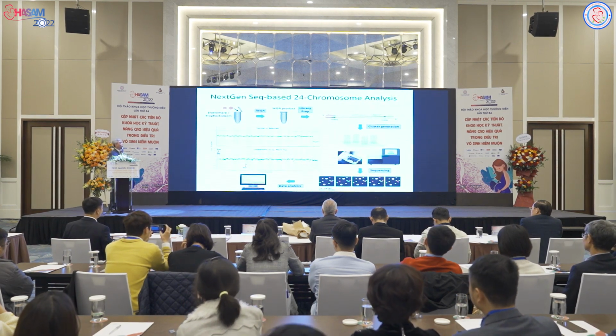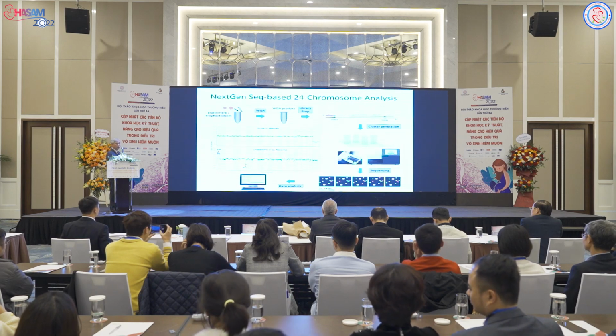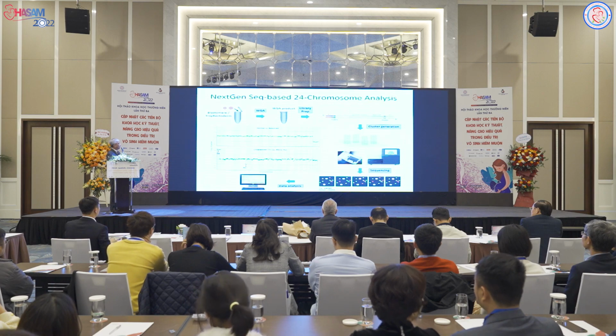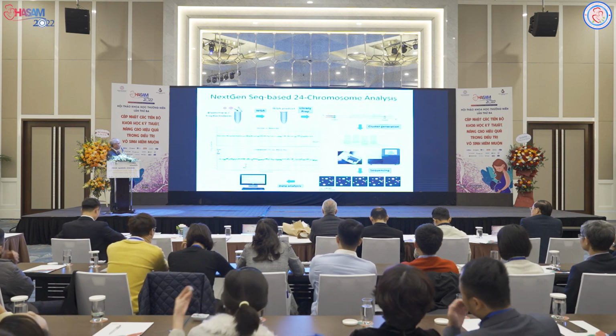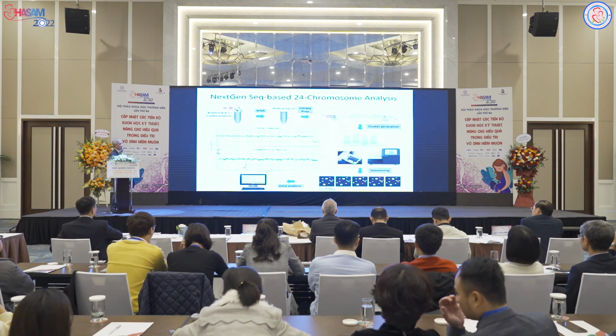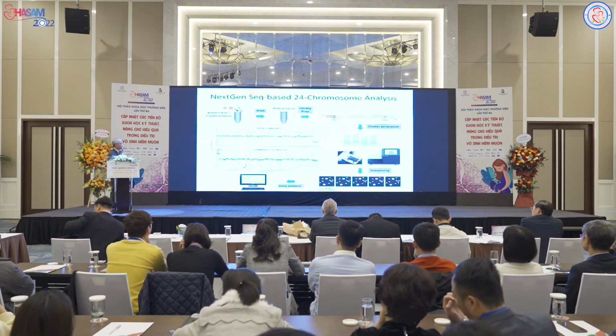I'm just showing you one of the methods that are commercially available. It involves using whole genome amplification again to then generate a library which you then sequence, and based on that, you obtain the number of reads.